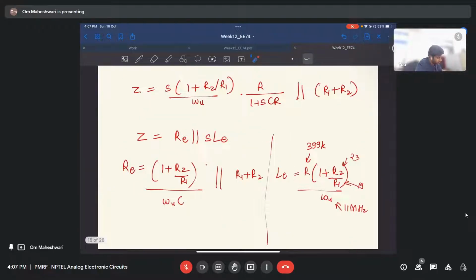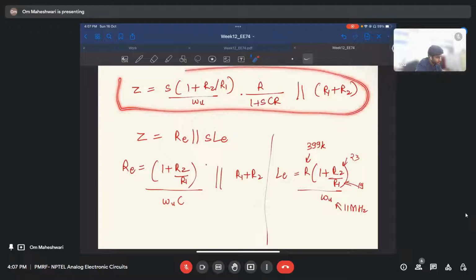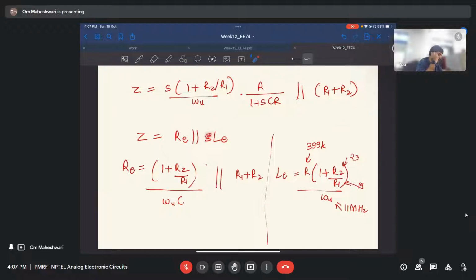When we put all these together, we'll get some formulation, and then we have to separate the parts that come with S and the parts in parallel with the resistive parts. If we do that, we get the inductance part as this.